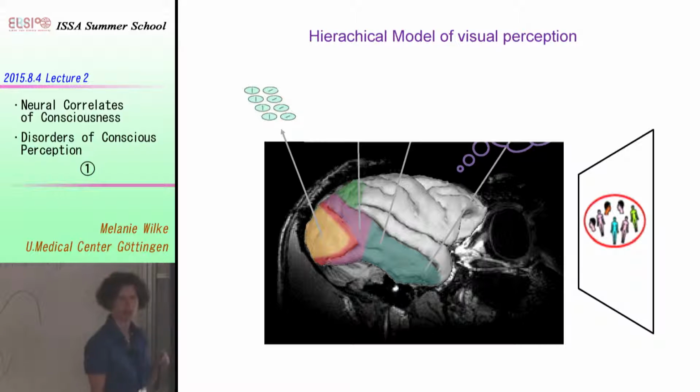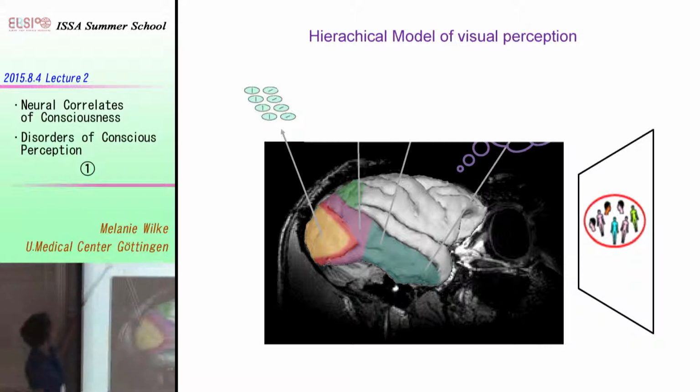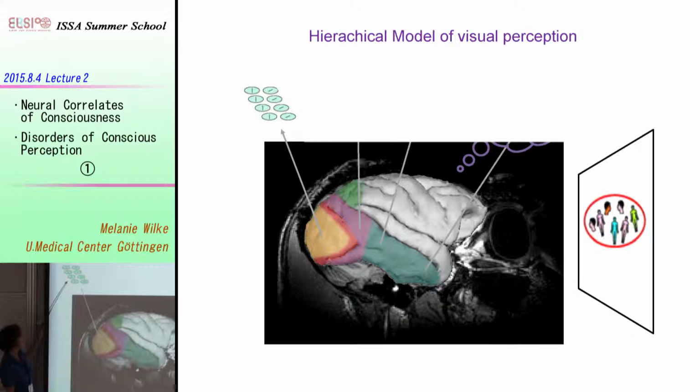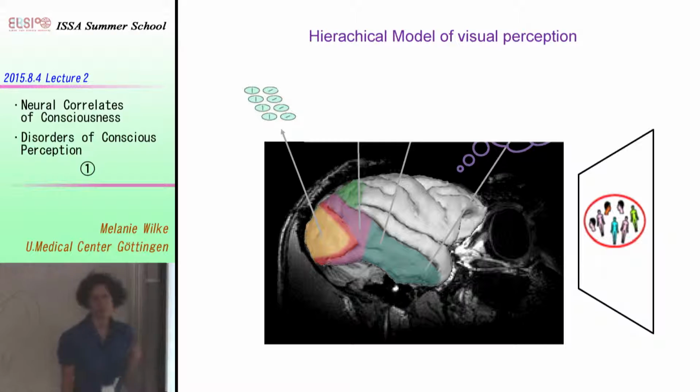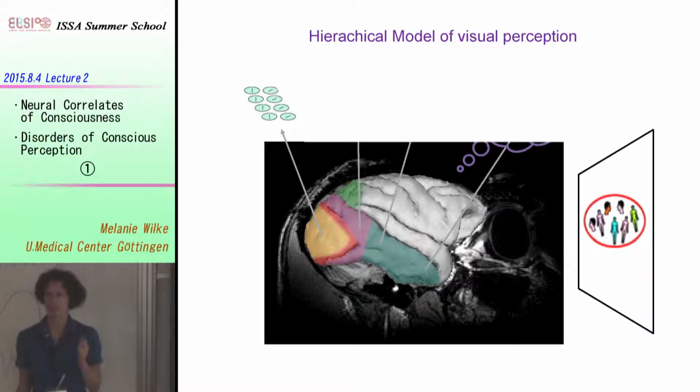So apparently you don't need consciousness for getting those visual properties. Cells in the primary visual cortex, the first cortical station of visual processing, respond to very simple features like orientation of lines. They have very small receptive fields. Do you know what a receptive field is?